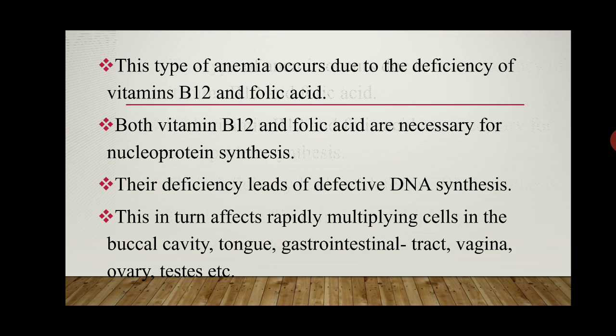Their deficiency leads to defective DNA synthesis. If they are deficient, automatically the DNA formed will be defective. These in turn affect rapidly multiplying cells in the buccal cavity, tongue, gastrointestinal tract, vagina, ovaries and testes, etc. If there is a deficiency of both folic acid and vitamin B12, megaloblastic anemia will occur.